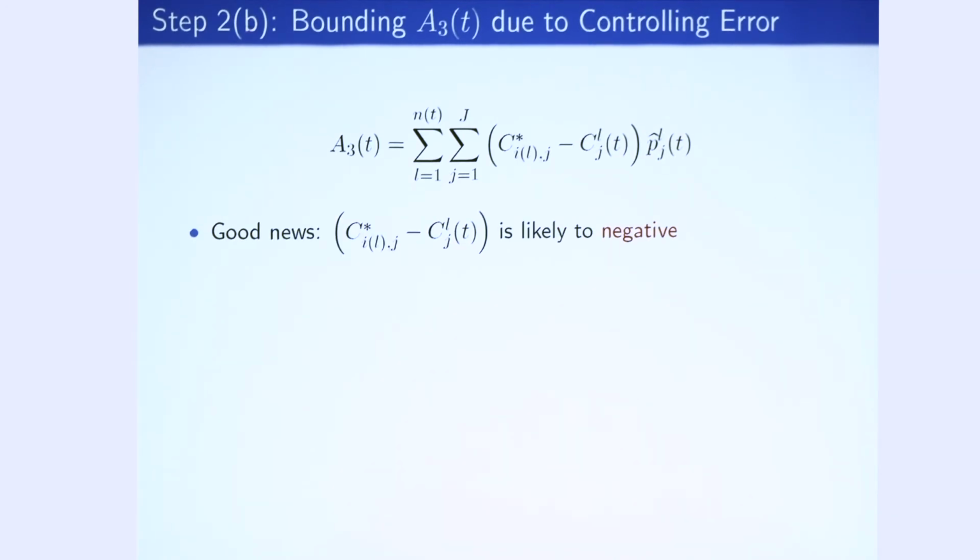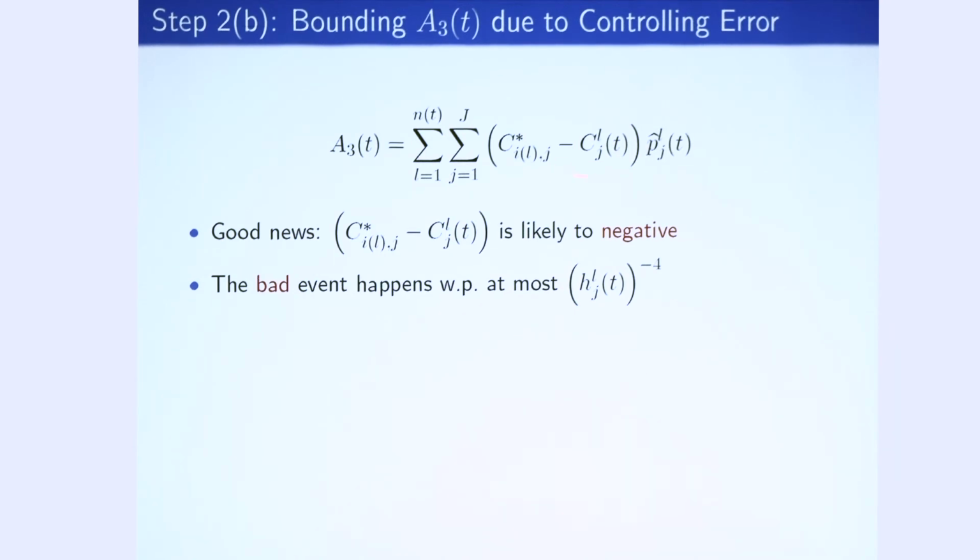For the A3t, that is due to the controlling error. The good news is that since UCB is likely to overestimate, this difference is likely to be negative, which is a good thing. But there's still a very tiny probability this difference could be positive. And this bad event happens with a probability that diminishes as you pull the arms many times.